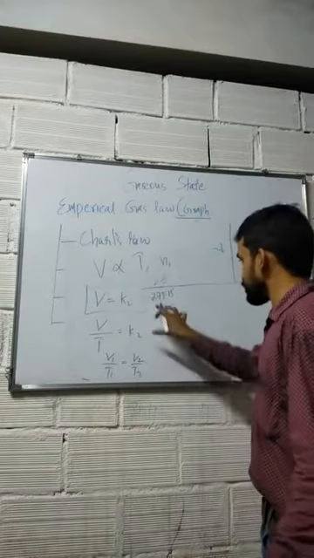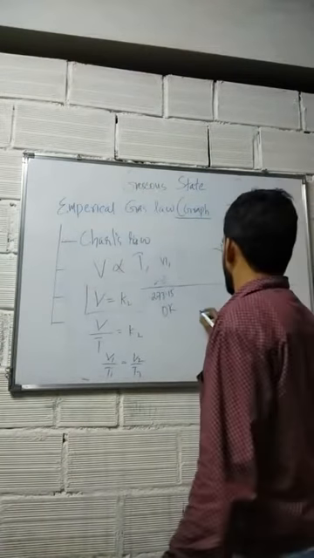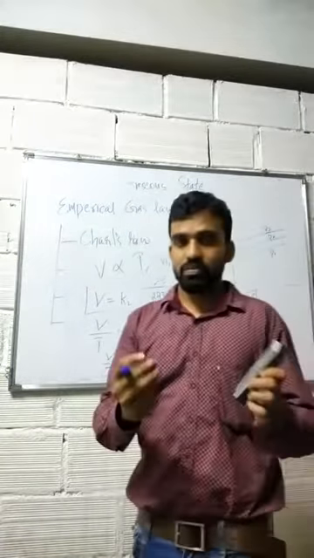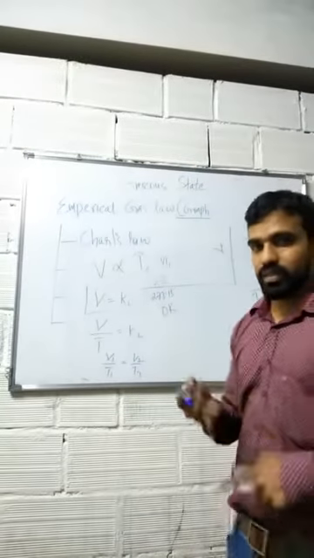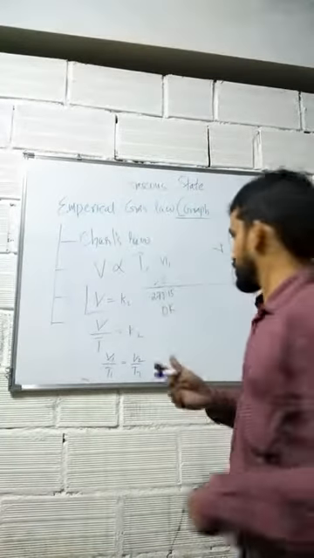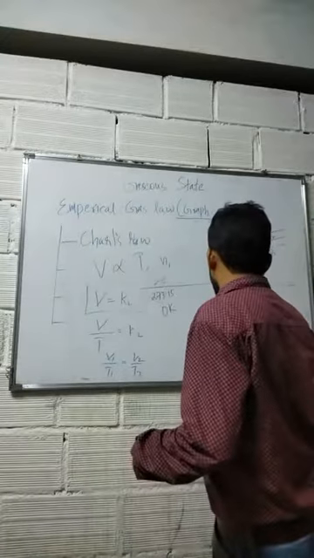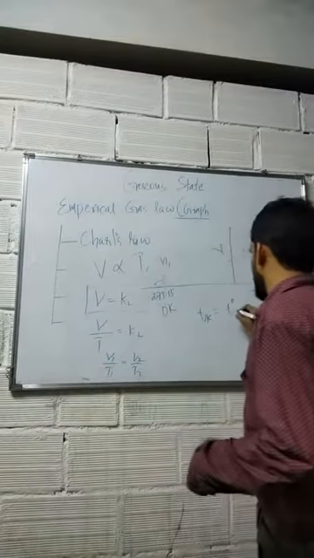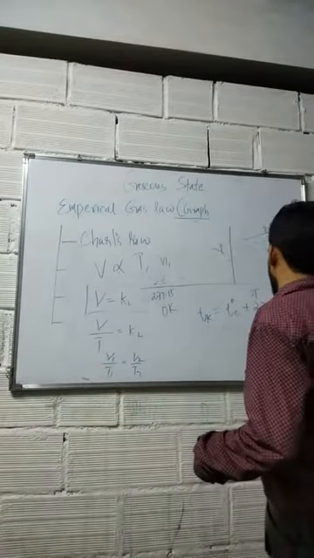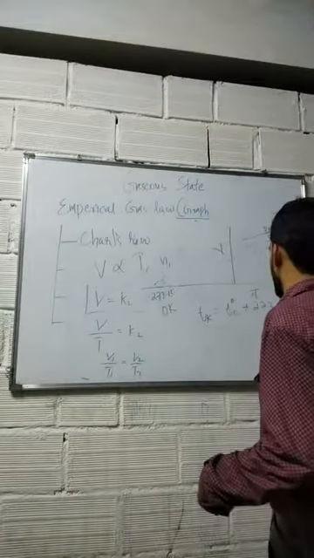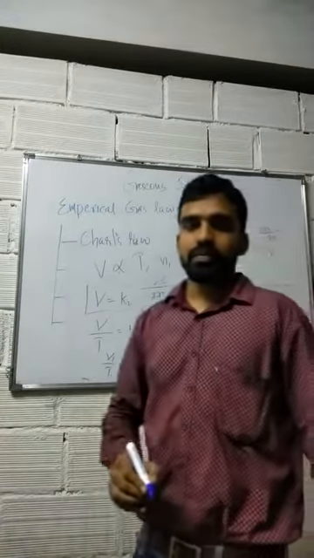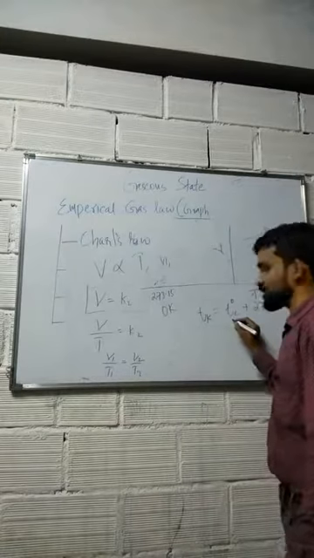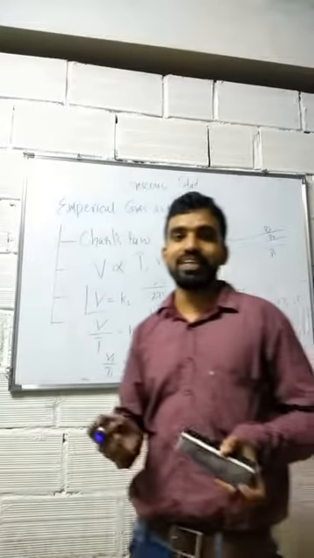Volume is 0. Again, let me give some detail about the Kelvin scale temperature. Kelvin scale temperature is equal to T degree Celsius plus 273.15. What do you mean by degree centigrade?